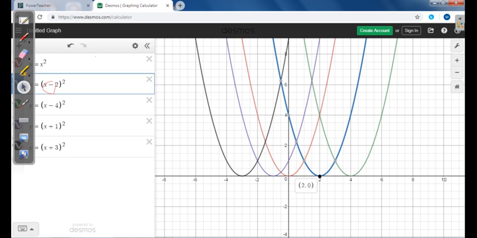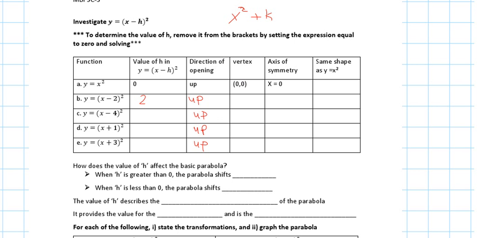If I'm going to draw the axis of symmetry, it's going to be x equals 2. So the vertex is (2, 0) and the axis of symmetry is x equals 2.